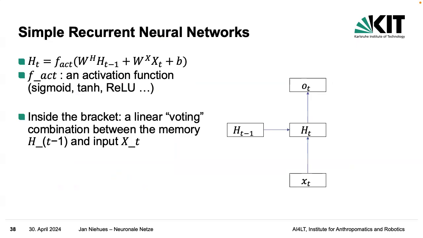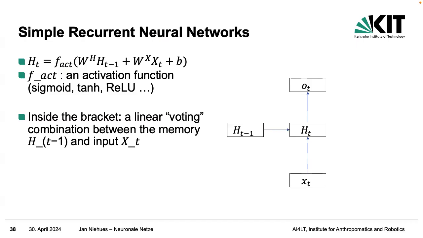So how do we calculate it? The easiest version is the same as we had before. We take an activation function. One way of multiplying is with your previous hidden state, that's WH, for example. Then you have WX, which takes a transformation of your input. We add them both up, for example with a bias, and that's our final result.